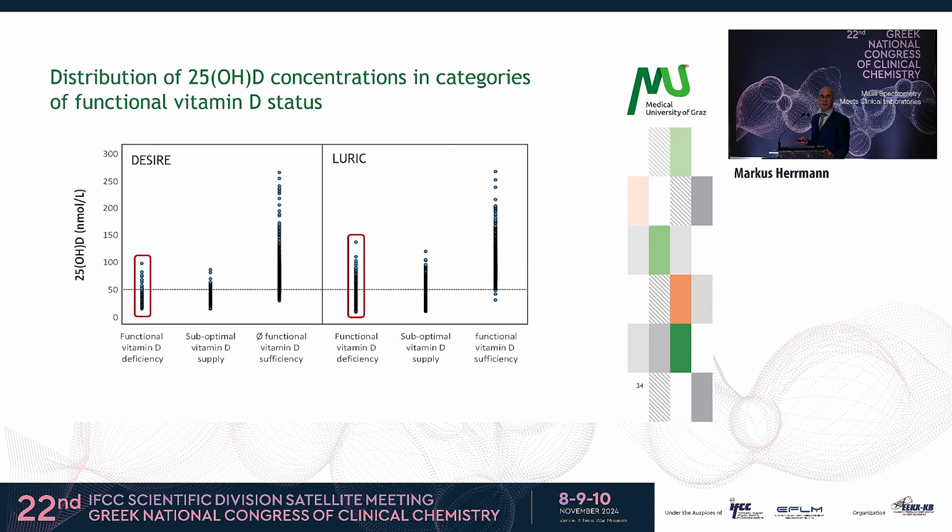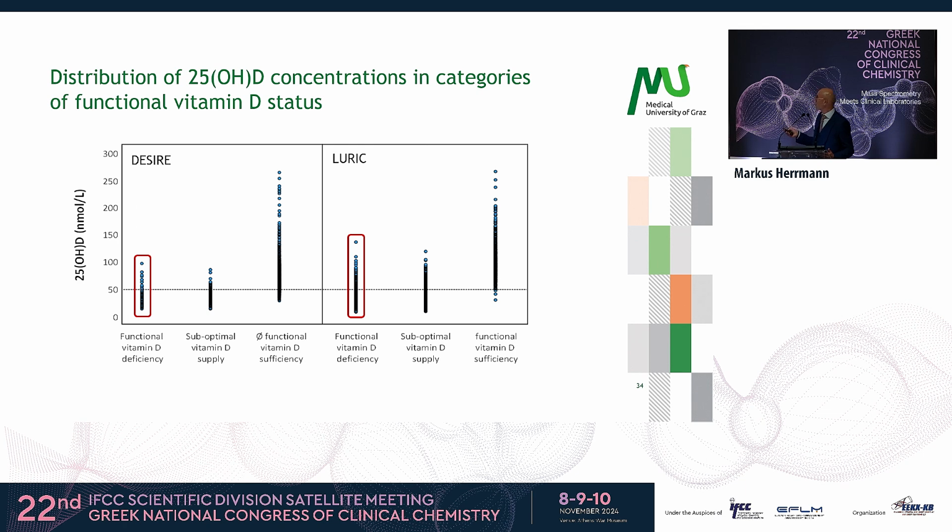Now, next we applied this criterion to both cohorts, DESIRE and LURIC. And this plot illustrates the lack of specificity of 25-hydroxyvitamin D to diagnose vitamin D deficiency. For example, in the group with functional vitamin D deficiency, here and here, there was a high number of individuals with sufficient 25-hydroxyvitamin D concentrations.